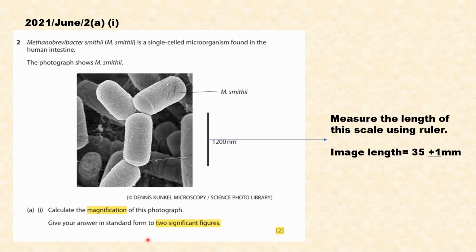Be sure to read the question carefully, as the answer should be presented in standard form to 2 significant figures. First, as usual, you will need to measure the length of the scale using a ruler. Here, the image length is around 35 millimeters with a possible variation of plus or minus 1 millimeter.